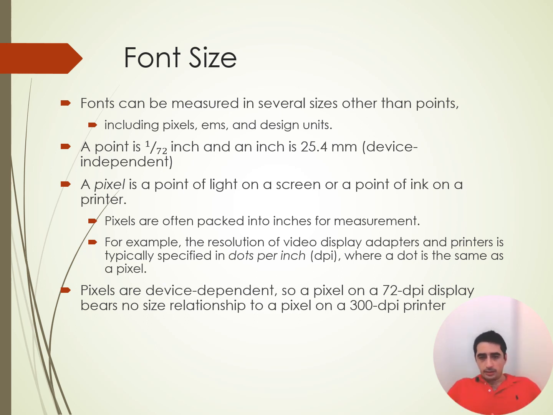So assuming that you have a device with a resolution of 72 dpi, that means every 72 dots on this device is equal to 1 inch. Or, for example, if you have a 300 dpi printer, that means every 300 dots of ink on that printer is equal to 1 inch.